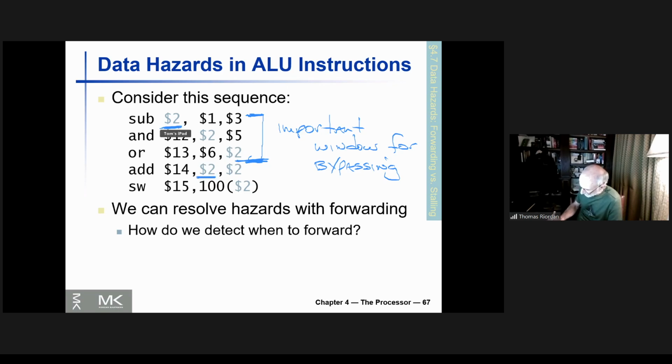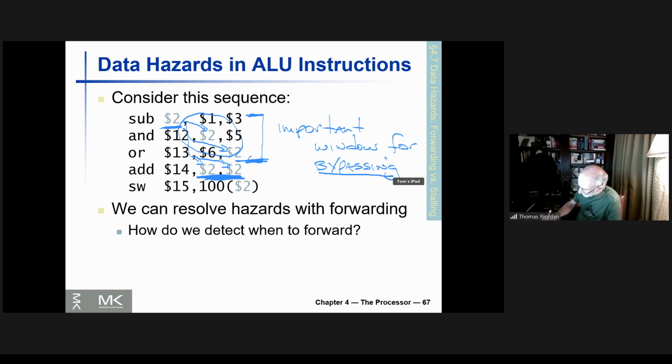Note that this 2 has to go here, and it has to go here and here. But we'll see in a diagram in just a second that here we're going to be able to just read it from the register file. But these 2 here we'll have to bypass.